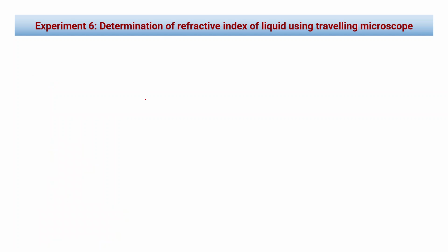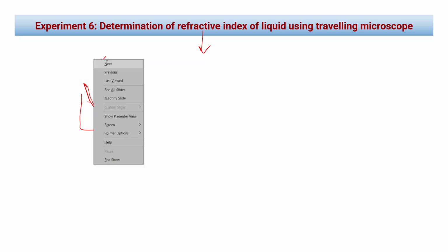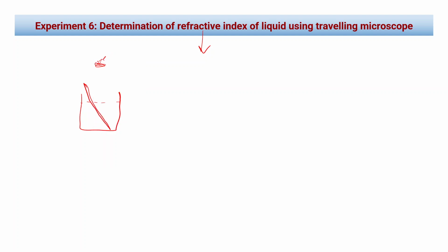Now we'll see how we can find the refractive index of a liquid using a traveling microscope. This was basically on the principle that if I have some water in a container, and some object, be it a rod or a pencil, is kept here, then consider a person's eye here.